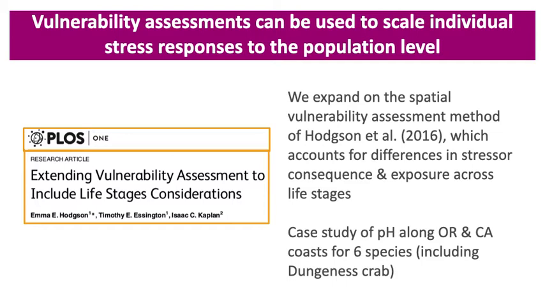So temperature versus oxygen versus pH may have different consequence scores in our vulnerability assessment, but also experience different exposures across different life stages. Emma focused on Oregon and California and worked on 6 different species, including Dungeness crab. In this case, we just focused on Washington and Oregon and only on crab, but on multiple stressors, not solely OA variables.